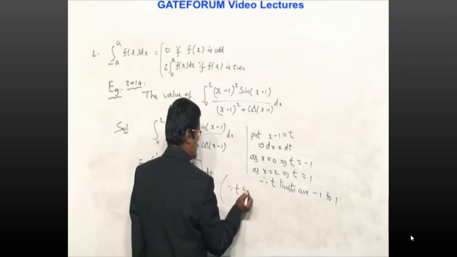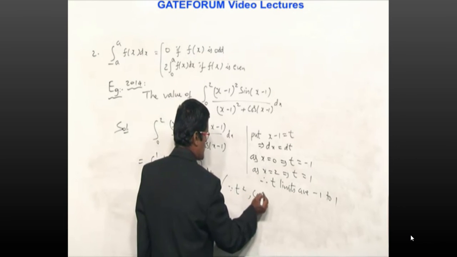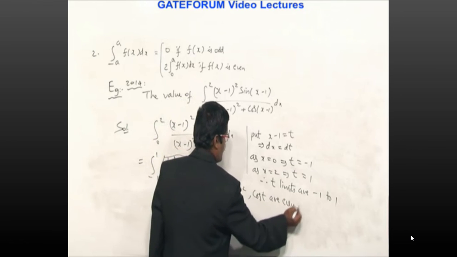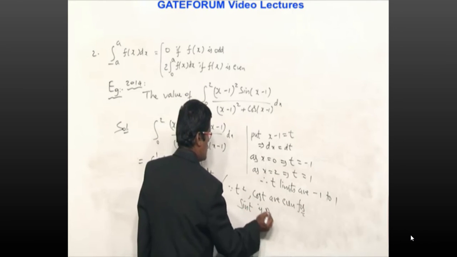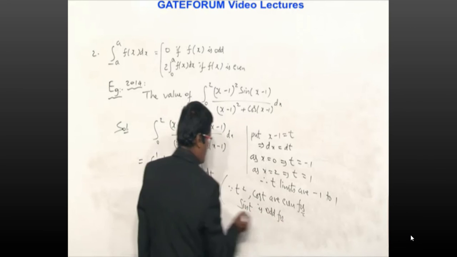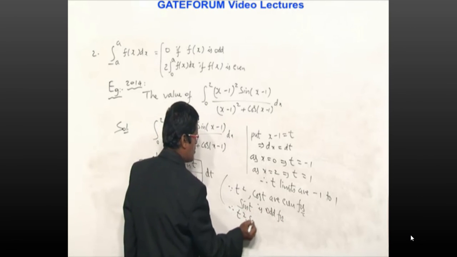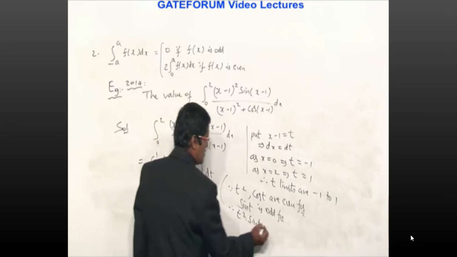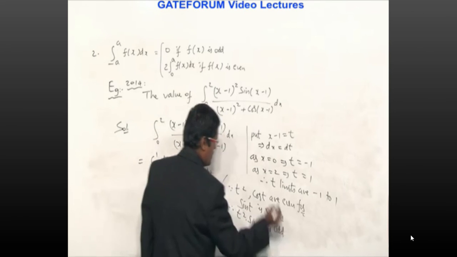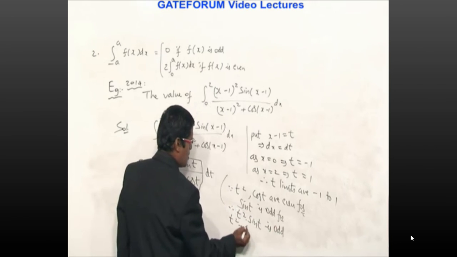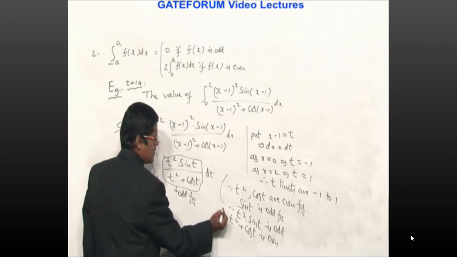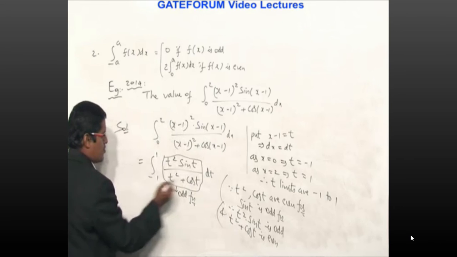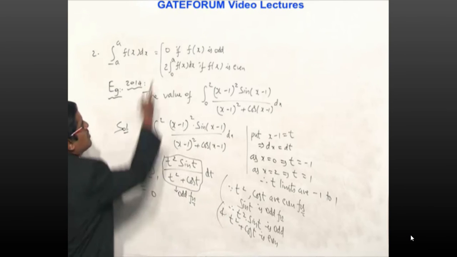Since t square and cos t are even functions, sin t is an odd function. Therefore t square into sin t, even into odd, is an odd function. t square plus cos t, even plus even, is even. So the numerator is an odd function, the denominator is an even function. So finally an odd function. Answer 0 using this property.